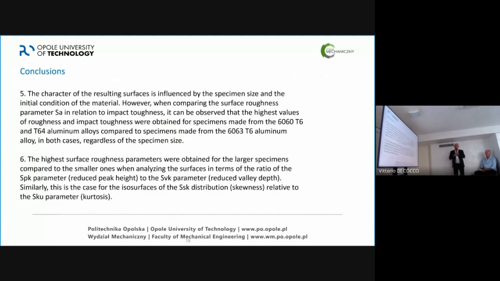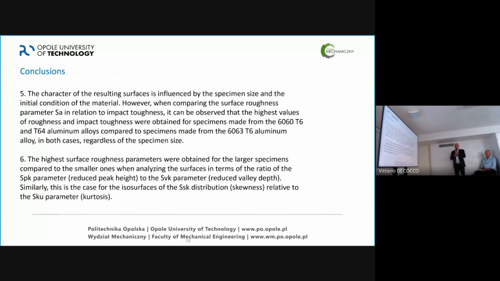However, when comparing the surface roughness parameters in relation to the impact strength, it can be observed that the highest values of roughness and impact strength were obtained for specimens made from the 6060 T6 and T64 aluminium alloy compared to specimens made from the 6063 T6 aluminium alloy, in both cases regardless of the specimen size. And the last conclusion: higher surface roughness parameters were obtained for the larger specimens compared to the smaller ones.